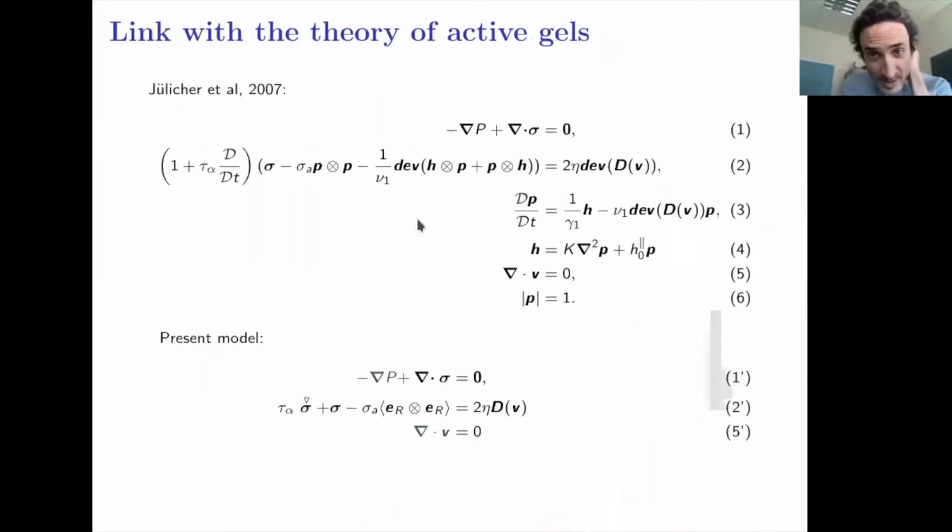So the first thing I'd like to do is briefly, without going into the details of that, of course, compare that with the active gel model, which has been developed around Frank Jülicher, Jean-François Joanny, and Jacques Prost in ESPCI and Institut Curie, and which is based actually on their previous work on liquid crystals.